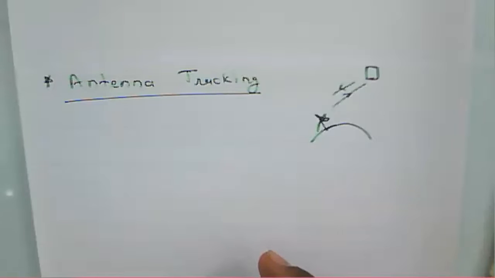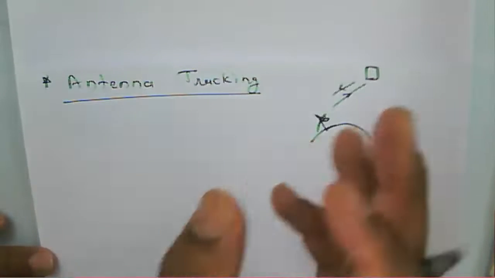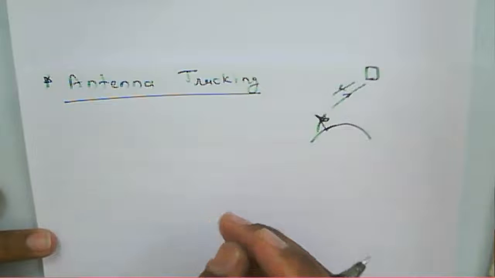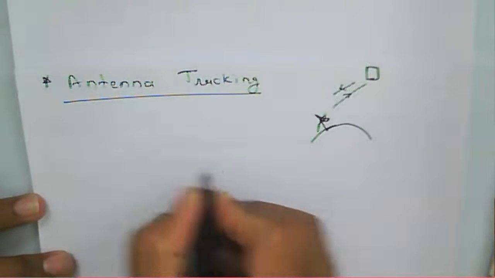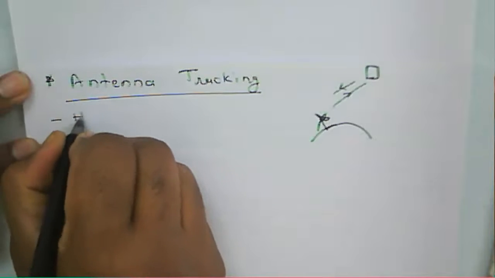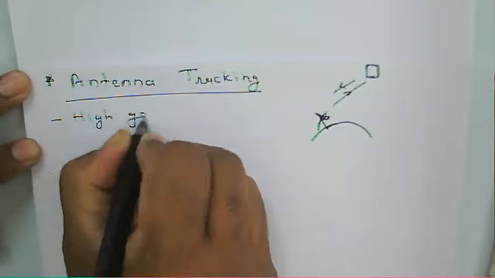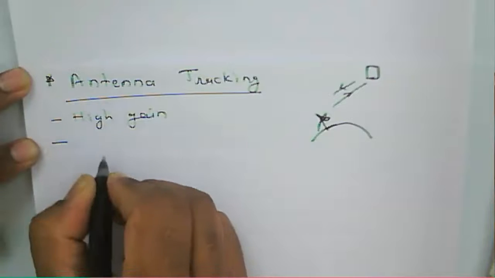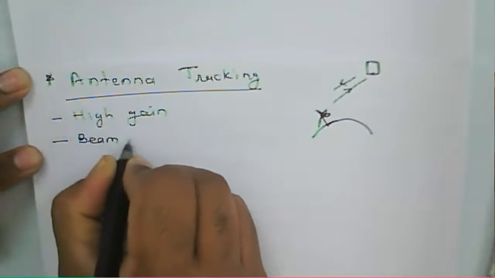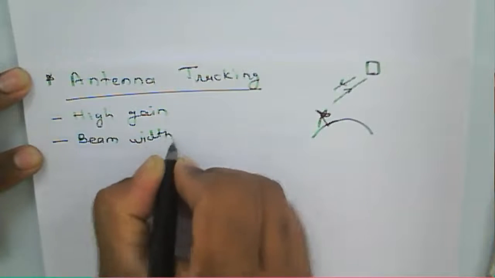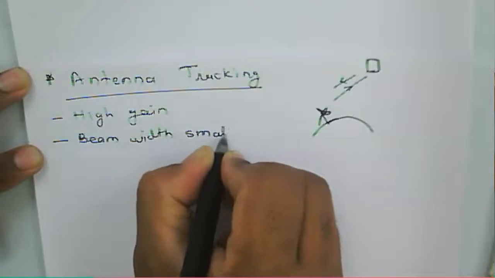So generally, for this particular purpose, we will use an antenna that has a high gain, and the beam width for this particular antenna is to be a small one.